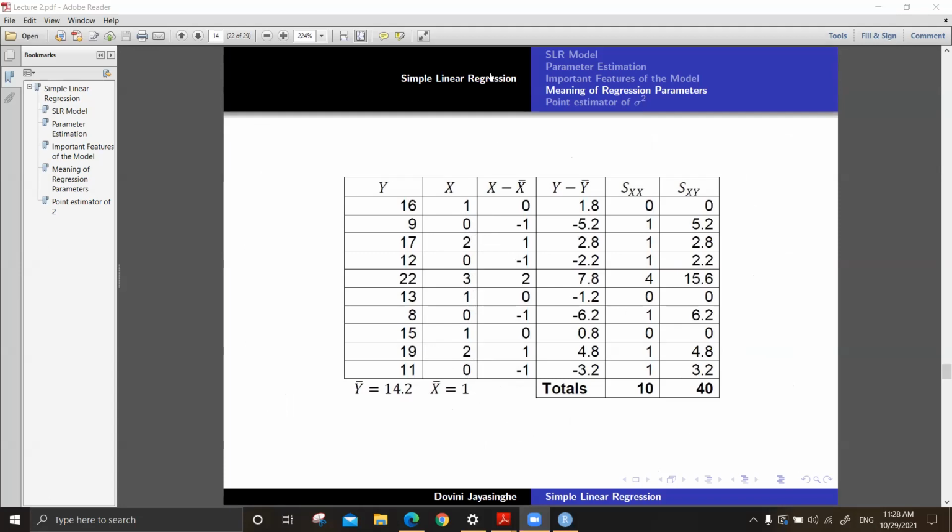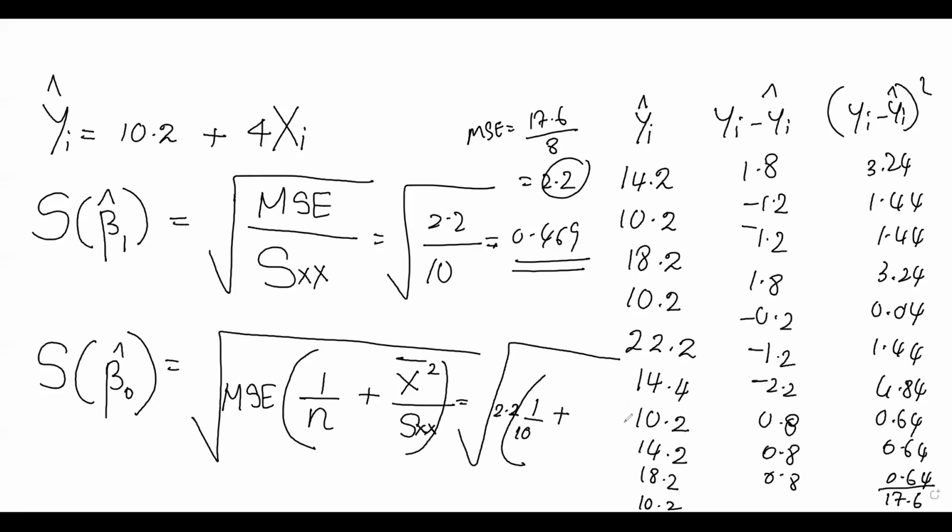The zero is also an observation. So there you go, you have 1 squared there. Sxx is 10. So this is 2 over 10, 1 over 5, times 2.2, square root.